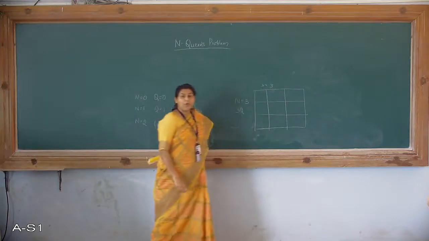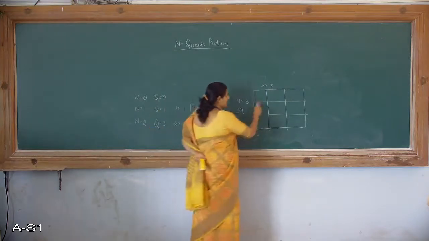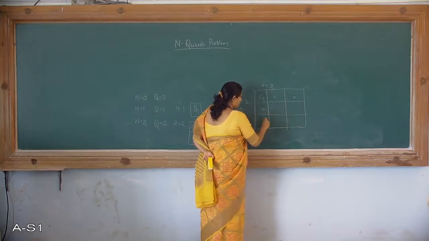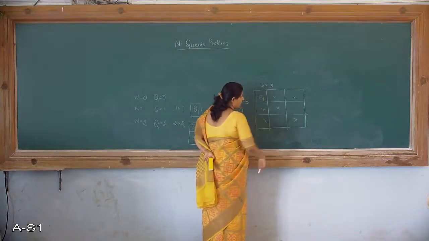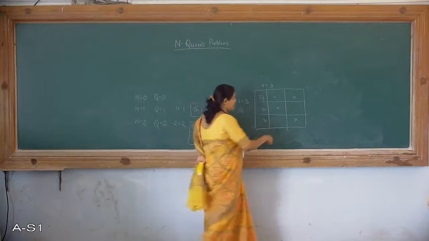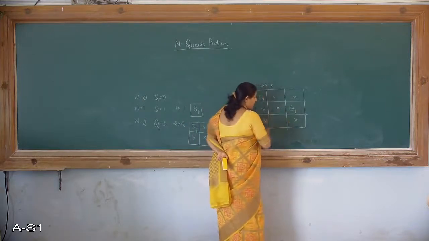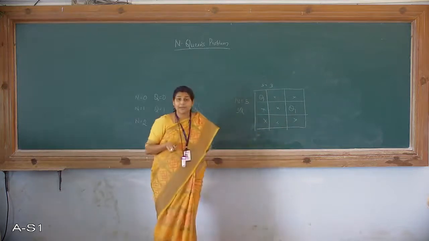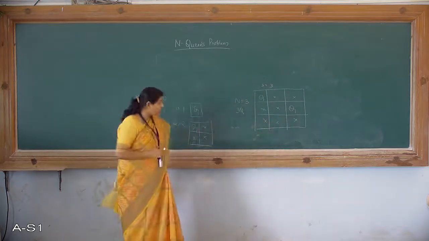Now, what if I place my queen here? I cannot place anything here, not even here. So the remaining place is this, and if I do this, I cannot place any queen here. So I cannot place my third queen.